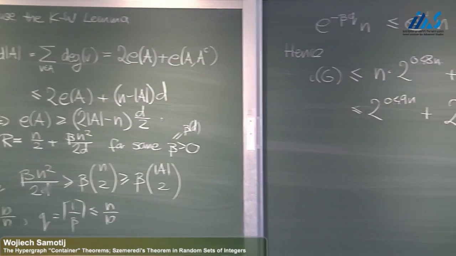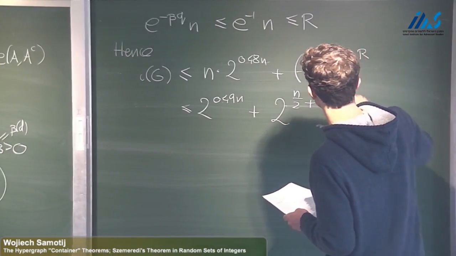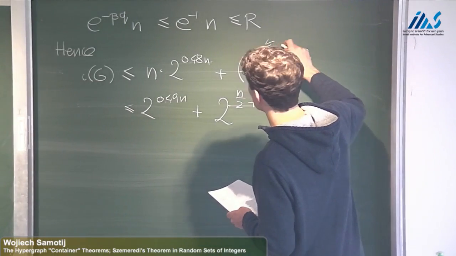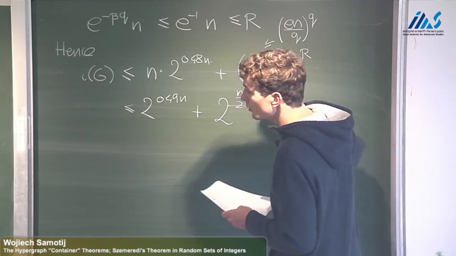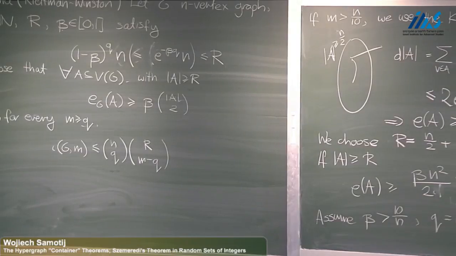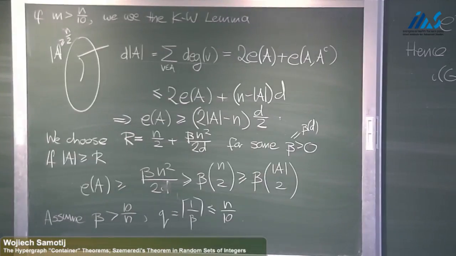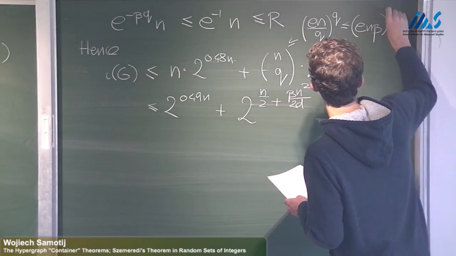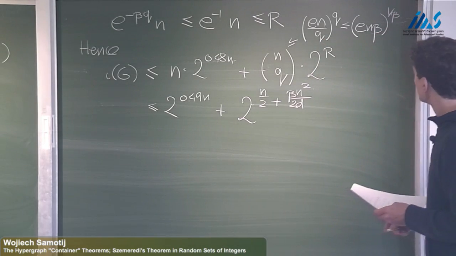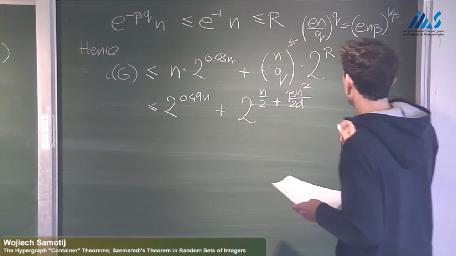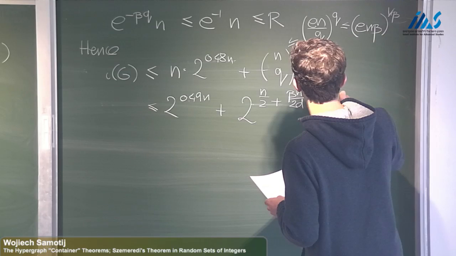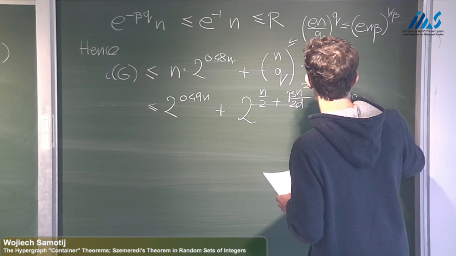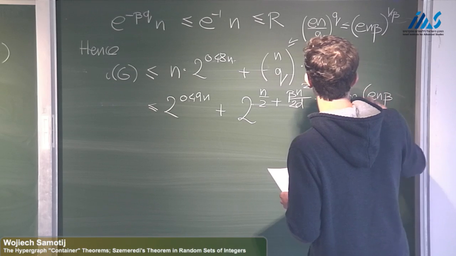Now we have to compute this, so I'll use the fact here that n choose Q is at most en over Q to the Q. Q is roughly 1 over beta, so this is at most e n beta to 1 over beta. So we get here plus 1 over beta times the logarithm base 2 of e n beta.